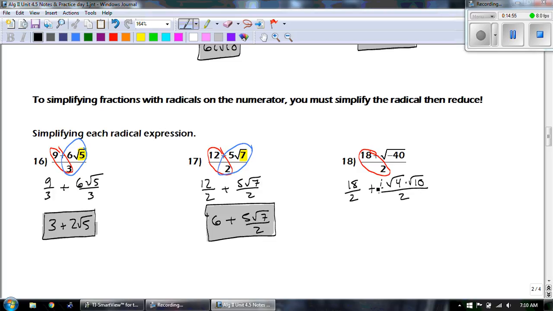And there's a plus sign in between. 18 divided by 2 is 9. Plus square root of 4 is 2i, 10, all divided by 2. Okay, because we're breaking this down, and I can still simplify the 2 divided by 2, which is 1. So we have 9 plus i square root 10.